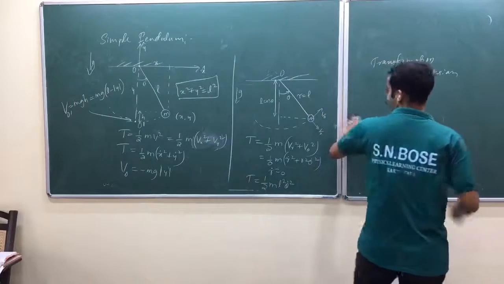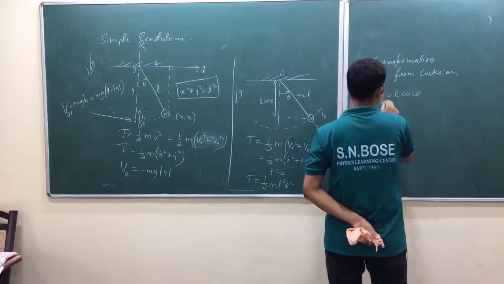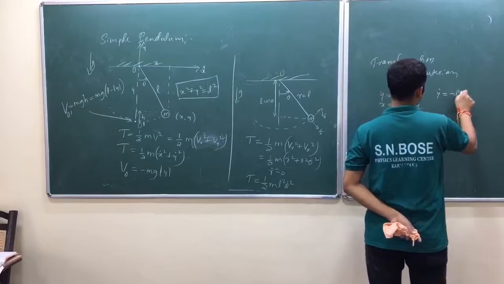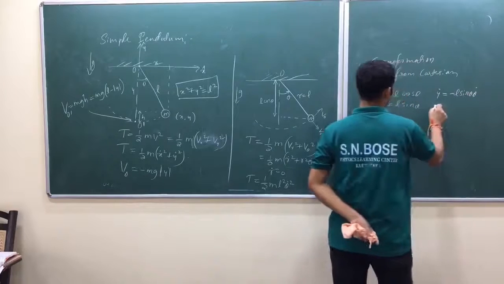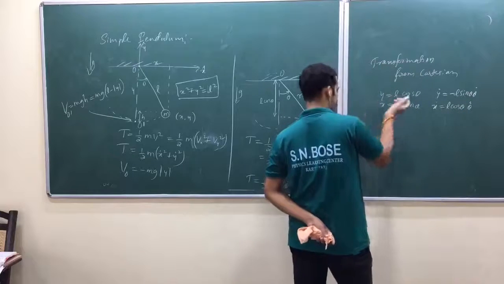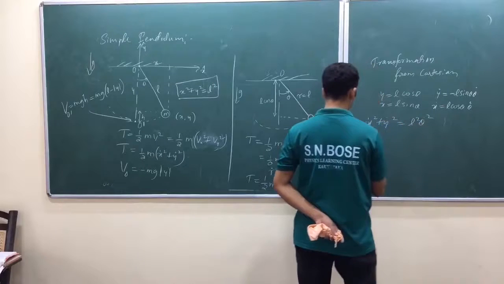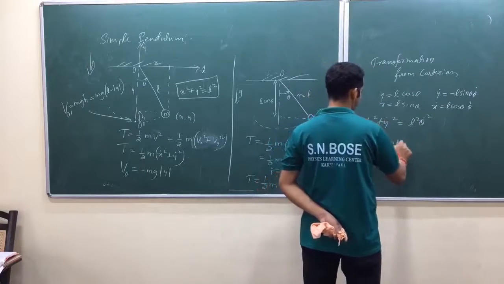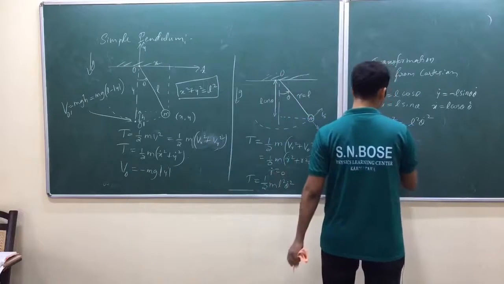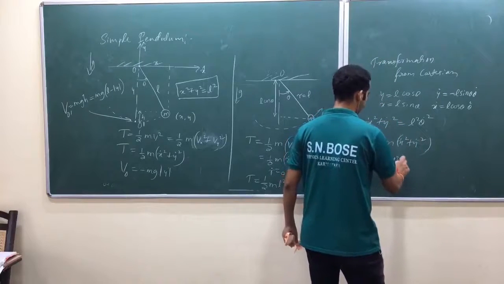So transformation from our earlier Cartesian coordinates: y is equal to L cos theta, x equal to L sin theta. So y dot is equal to minus L sin theta, theta dot, and x dot is equal to L cos theta, theta dot. Am I right? X dot square plus y dot square is equal to L square theta dot square. So half m, x dot square plus y dot square, can be converted into half m L square theta dot square.